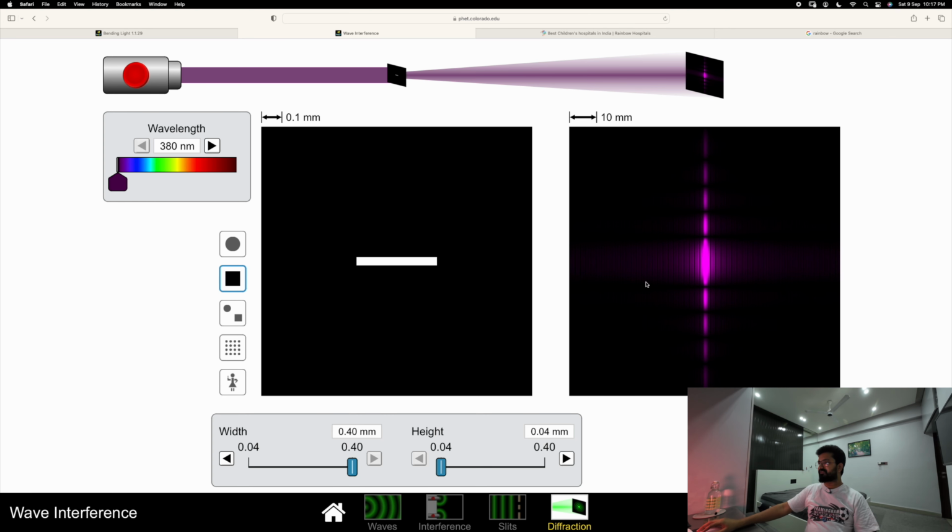So when a diffraction pattern is formed by two slits, it looks like this. You're going to have a bright spot and then a dark spot, and bright spot and dark spot. But why do we have bright spots and dark spots?